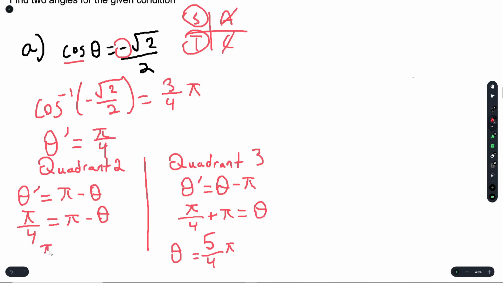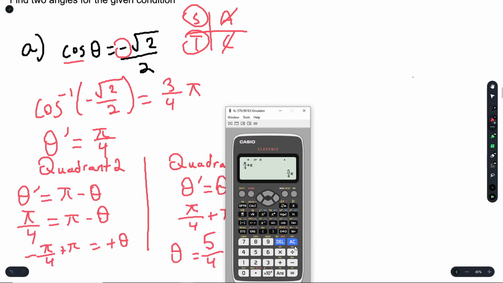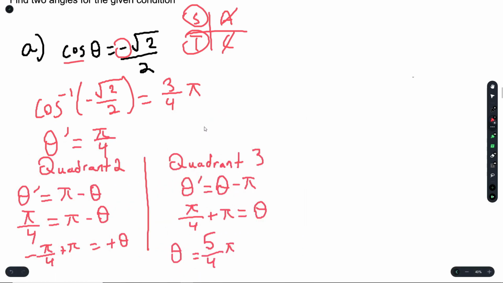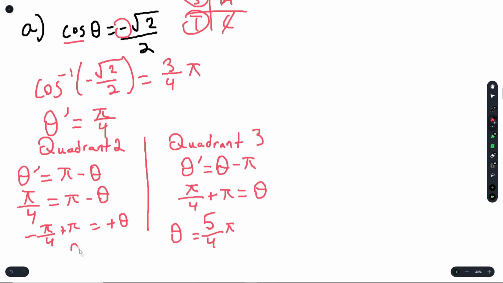Pi over 4 minus pi equals negative theta. Then you divide by negative 1, so this becomes minus, this becomes plus, this becomes plus. So theta is pi over 4 plus pi, no, minus pi over 4 plus pi, so it's 3 over 4 pi. Theta is equal to 3 over 4 pi.